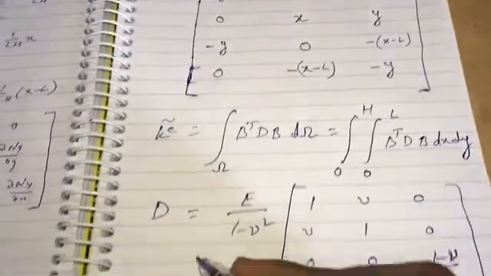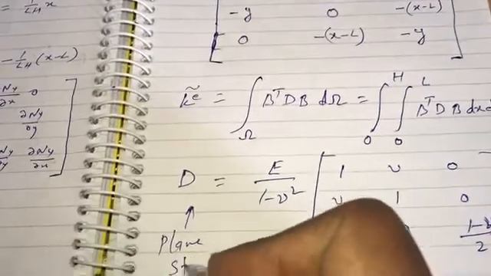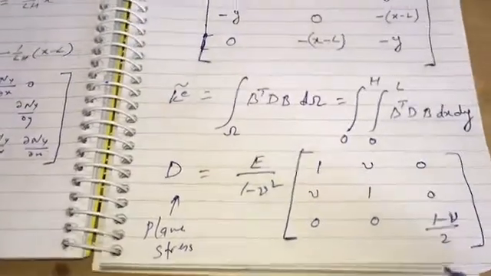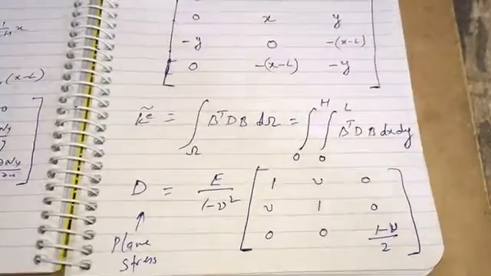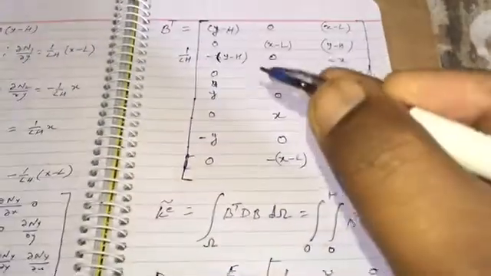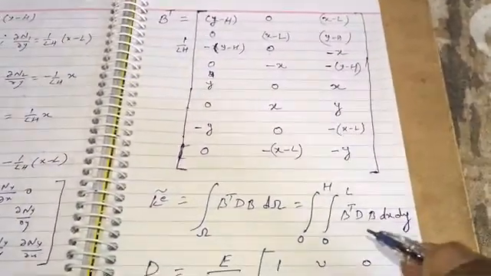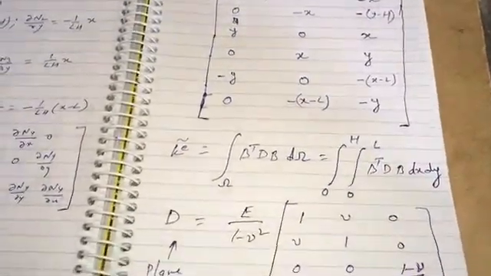So this is just one example, which is for the plane stress problem. For the plane strain problem this will be different. Okay, so we have D here and we have B transpose and hence B as well, and we can very easily integrate that.